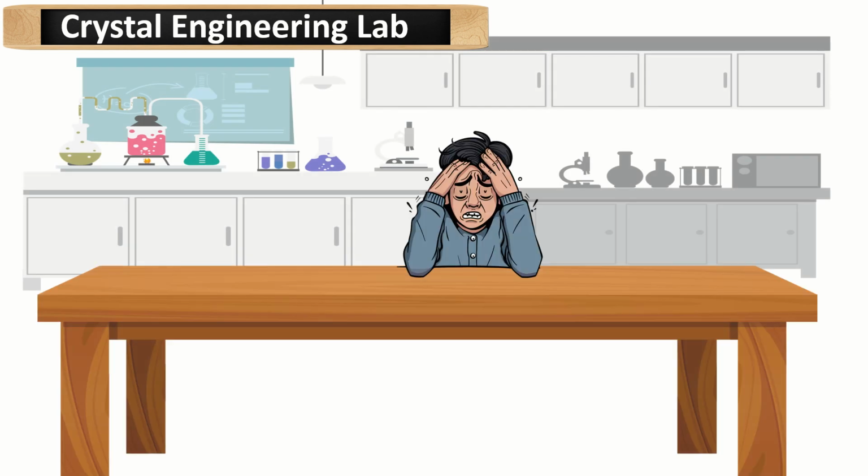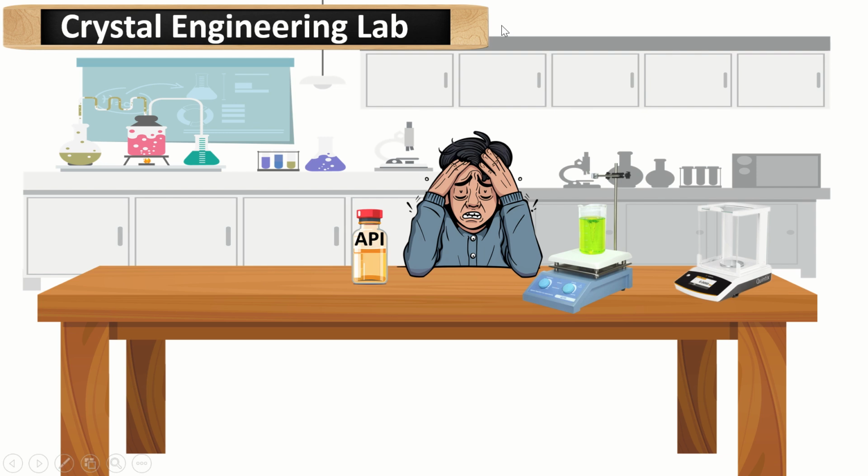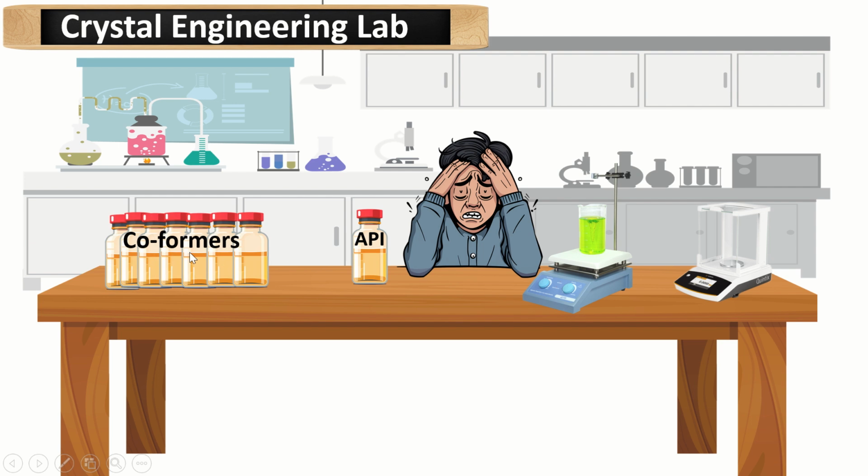Here is a crystal engineering lab. This is the picture of the frustration that I feel when I am doing many experiments on co-crystal formation, because I have a single API and a lot of co-formers.